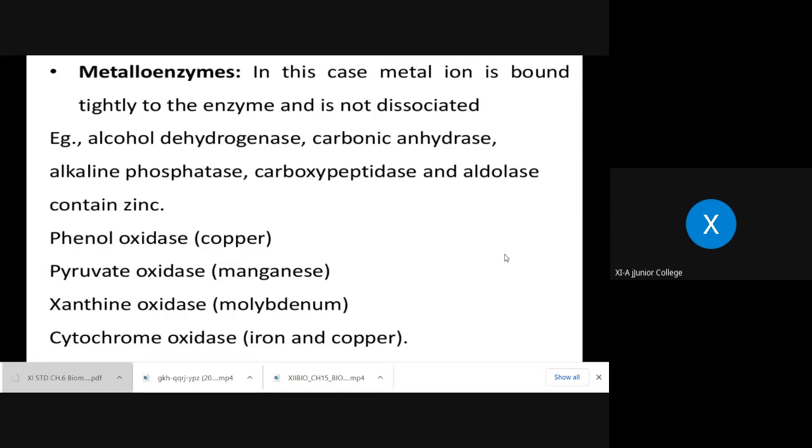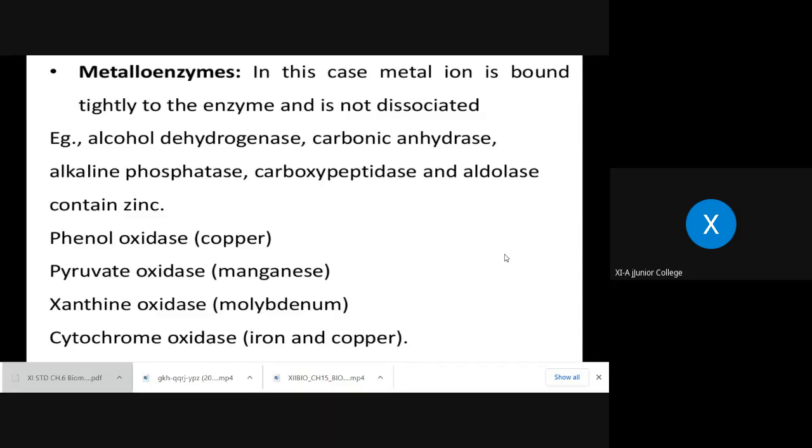But metalloenzymes also contain metal ions, but they are tightly bound to the enzyme and they cannot be separated, they are not dissociated from the enzyme.